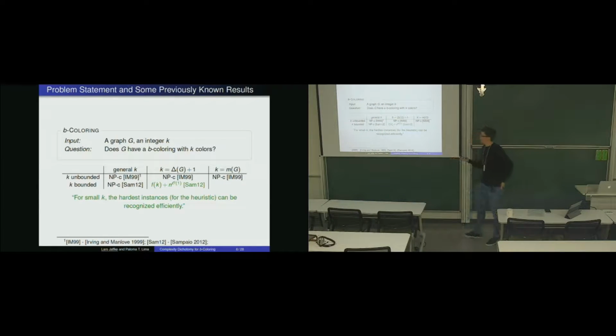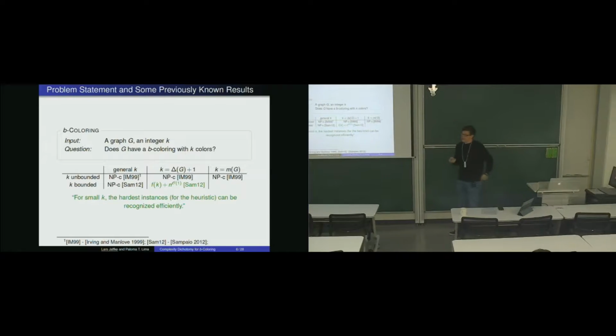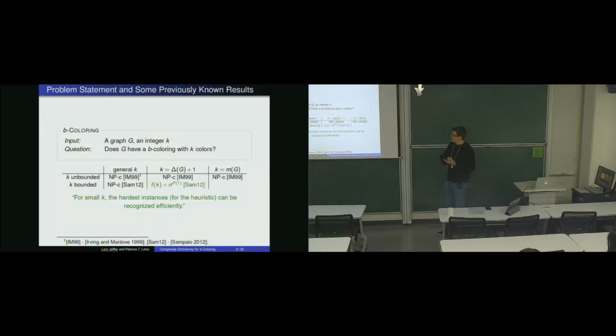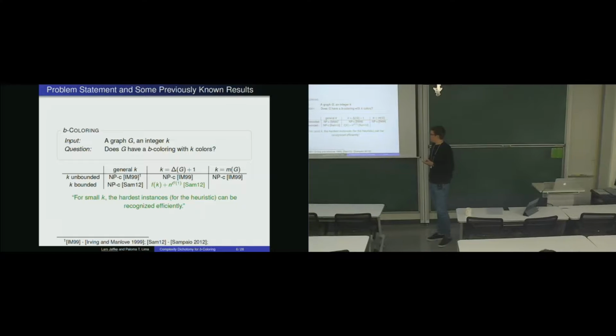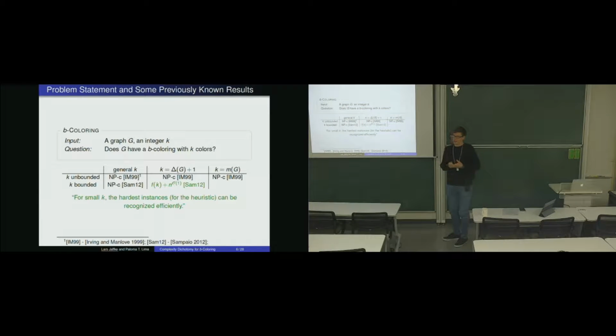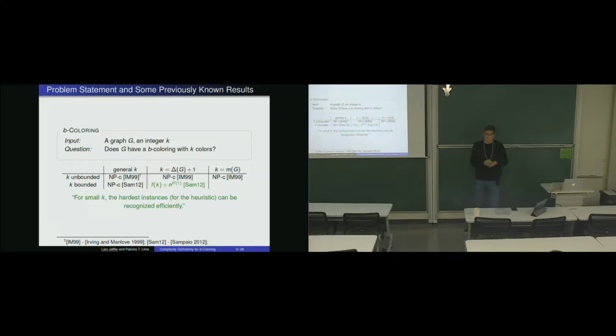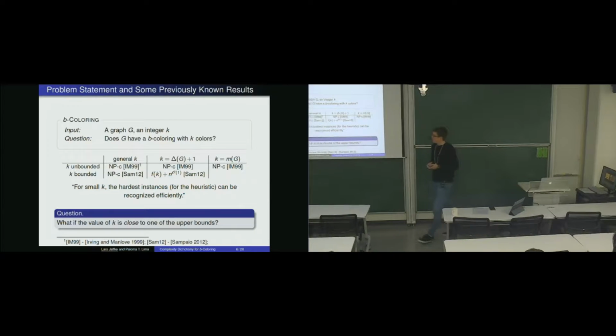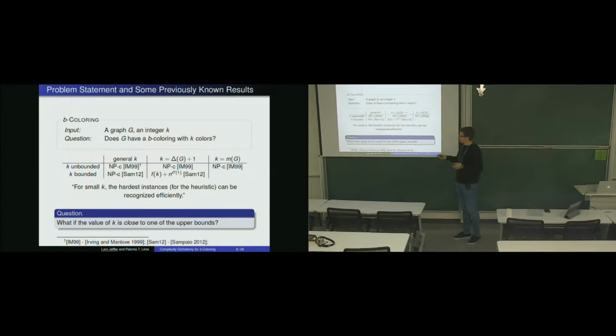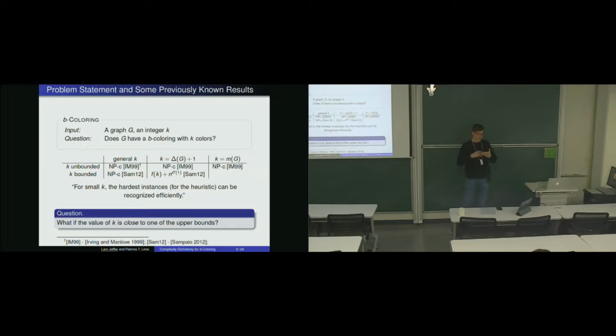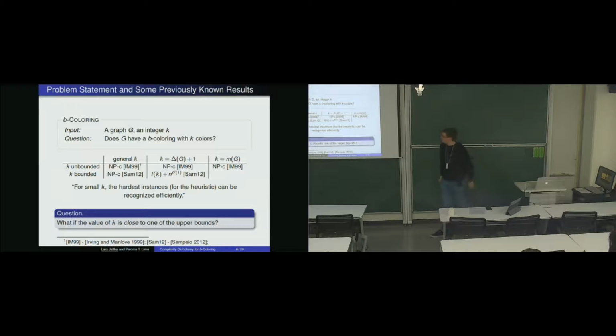In some sense, it means that for small k, we can recognize the hardest instances for the heuristic efficiently. But this, of course, only holds if we want to know whether our graph exactly achieves this upper bound. So one of the main questions of this work was, what happens if the requested number of colors is only close to one of the upper bounds, like maybe 1, 2, or 3 below? What happens then?